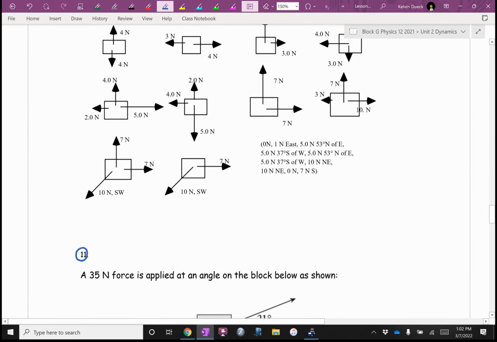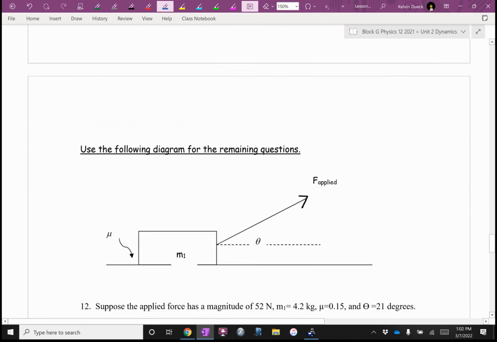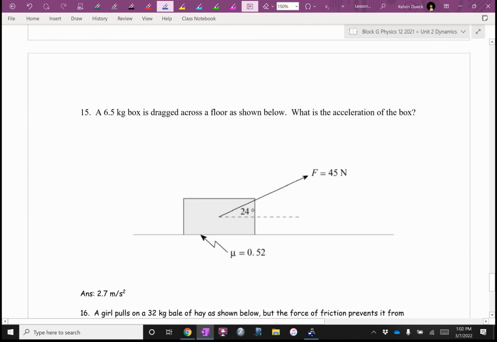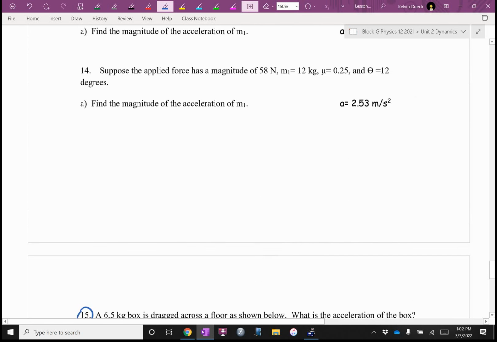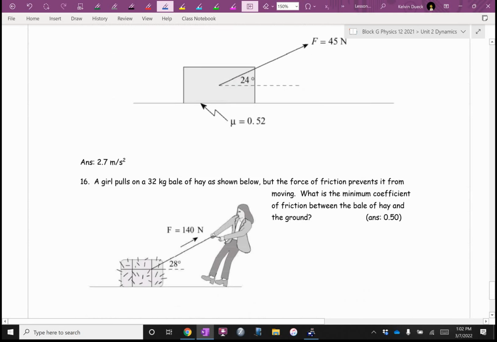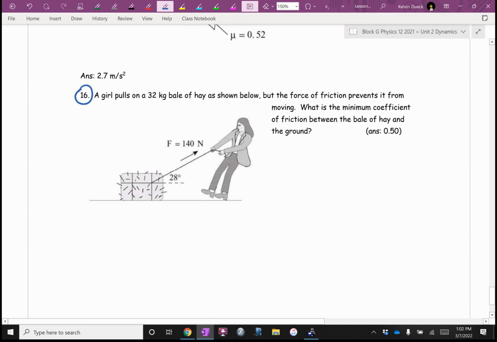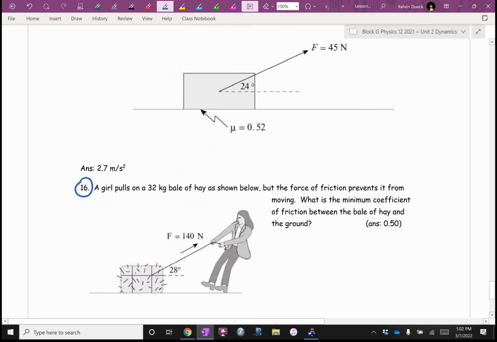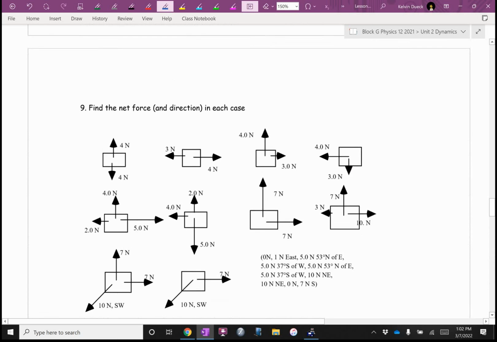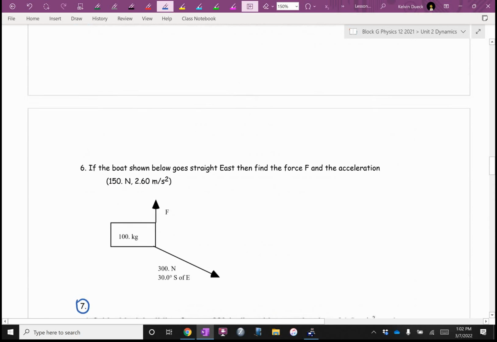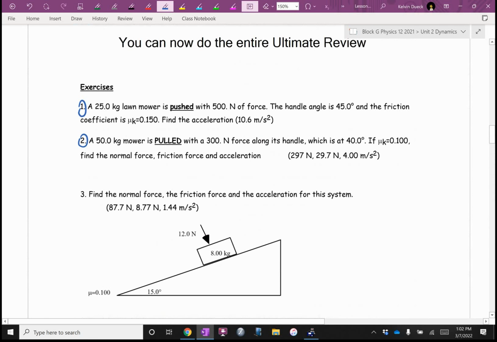There is no 10. That's because I add and delete questions and I'm too lazy to renumber things. Bear with me as I ponder here. I'm going to say 15, so I skipped 12, 13, 14, and 16. You might be able to do your work right on this-ish. You might need to do it on a separate piece of paper. It's really up to you. But we are finito, done, the unit.